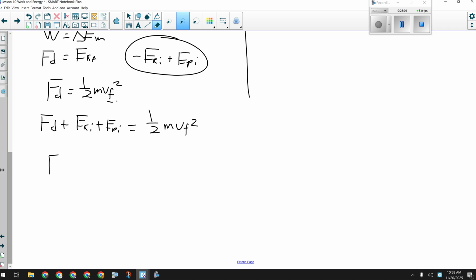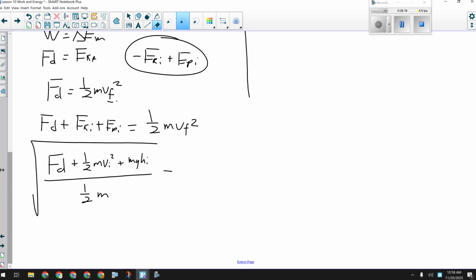So I'll have force times distance plus 1/2 MV initial squared plus M times G times H initial, divided by 1/2 of M, equals VF. Just manipulated for VF. Plug in my numbers and solve.